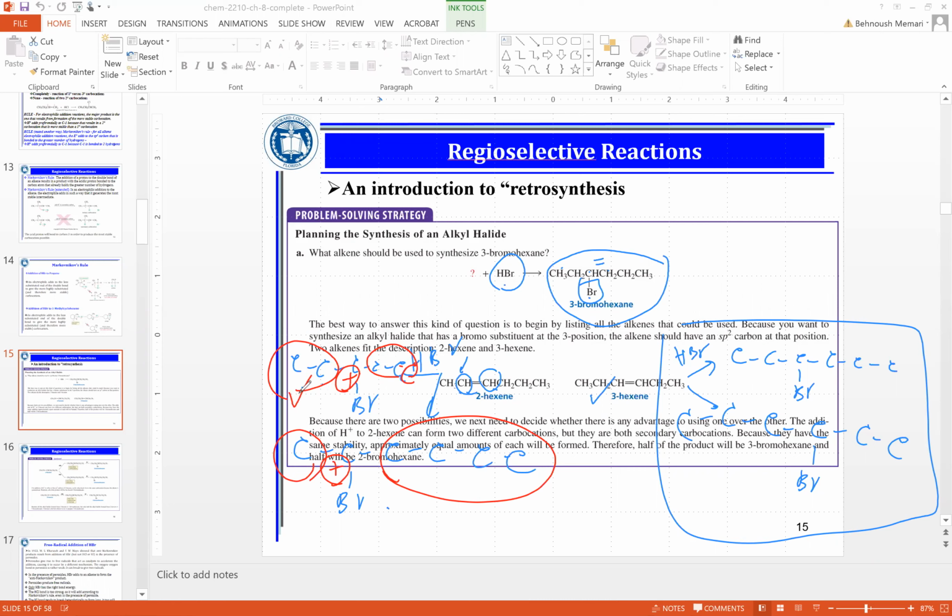Maybe the addition of the Br to the third carbon is going to be the better choice, because in this case you have a methyl and then a butyl. But it's not a solid answer, because both of them have the same number of hydrogens, and both additions could take place.